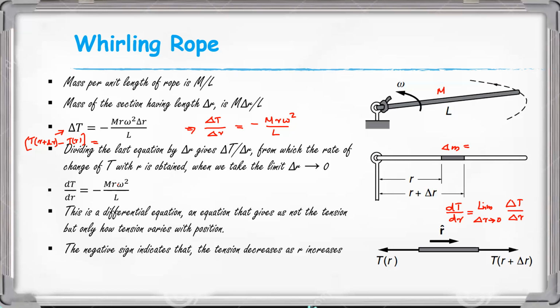Here, what is the significance of the negative sign? The negative sign indicates that the tension decreases as r increases. When r increases, the tension decreases.